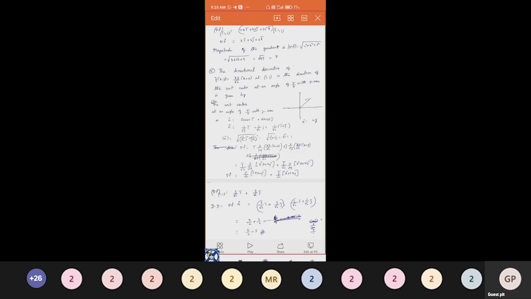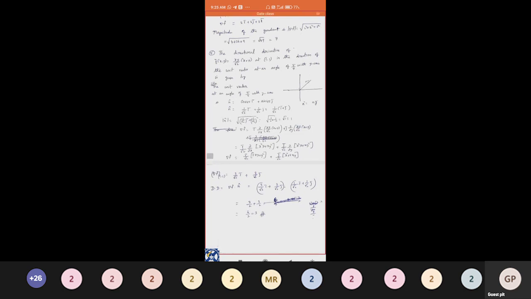Now we are looking for the gradient at the point (1, 1), so you replace x by 1 and y by 1 in the above answer. Therefore, you get 1 by root 2 into (2 into 1 into 1 plus 1). So 2 plus 1 is 3, 3 by root 2 into i vector. And then the jth component: 1 by root 2 into (1 square plus 2 into 1 into 1), which is 3 by root 2 into j vector.